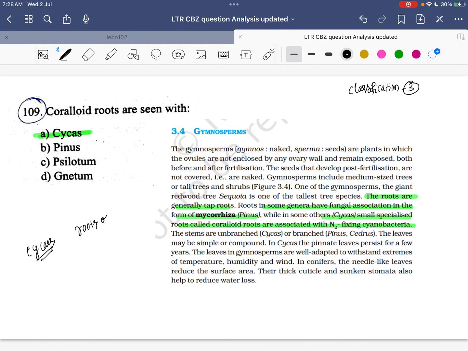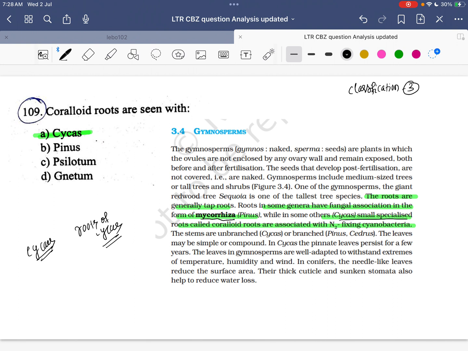You see over here, the reference is given. The roots in gymnosperms are generally a taproot system. The roots of some genera have fungal association in the form of mycorrhiza, that is, mycorrhiza is found in Pinus.